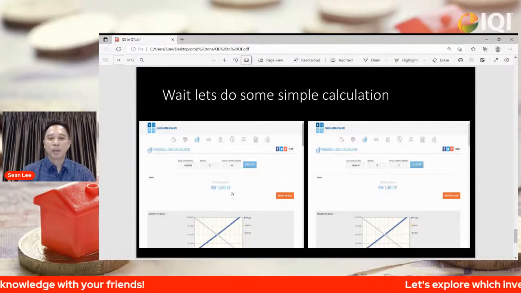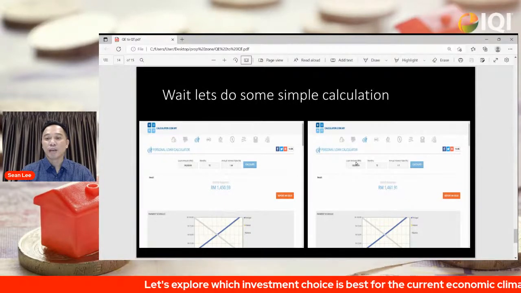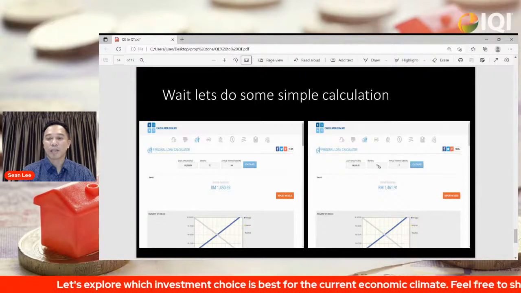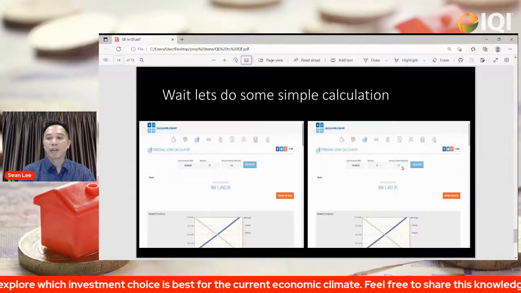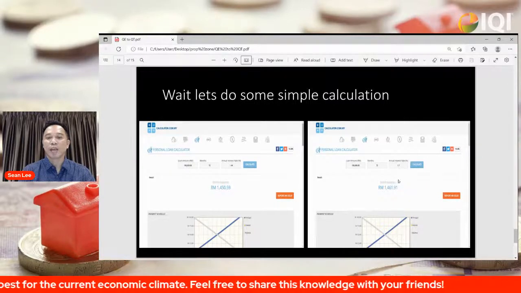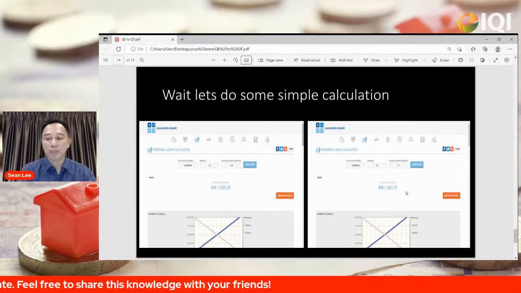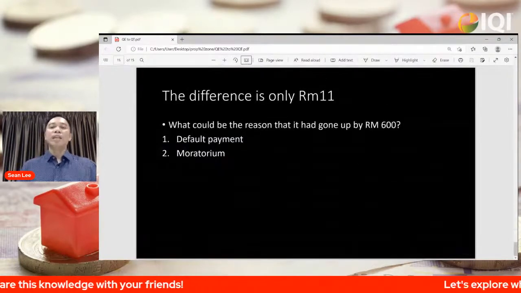Previously he was paying 1,450 for the past 4 years. Using the same calculation, the months are still 72. If the increment is 0.25%, you only increase his installment amount by 11 ringgit.